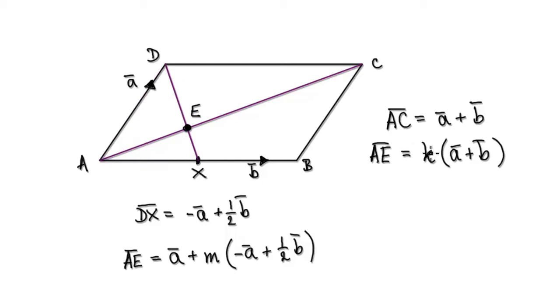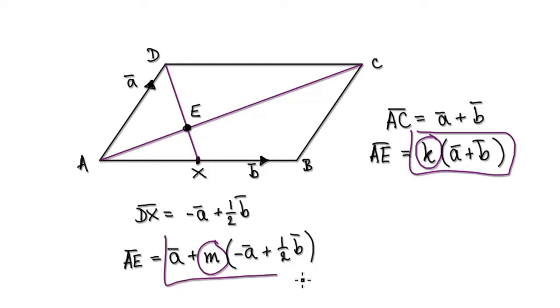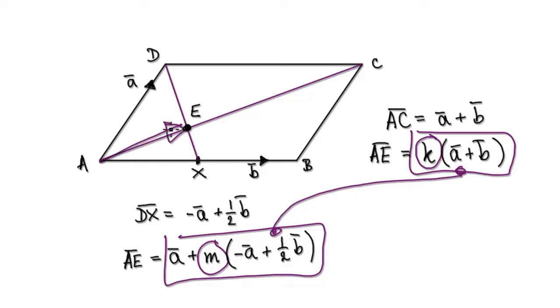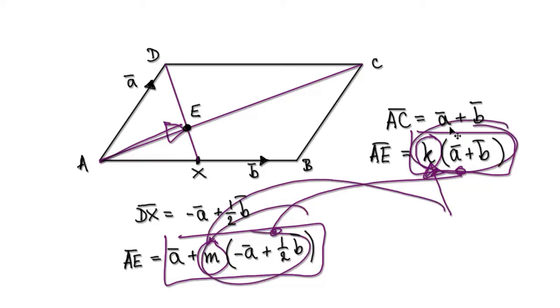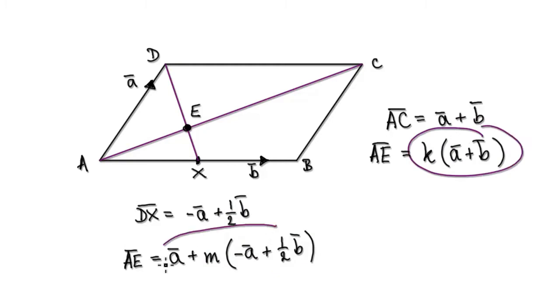So really we are looking for k and m in such a way that this thing here equals this thing here. The next step is to set these two to be the same as each other because they're both taking us to the same place. Our job is to find a number here and a number here where the two will be equal. So our next step is to set this to be the same as this.